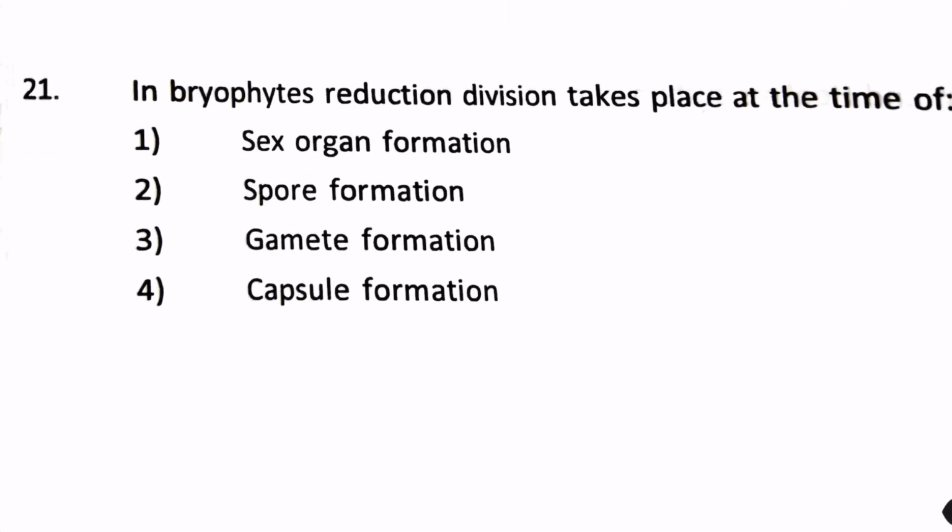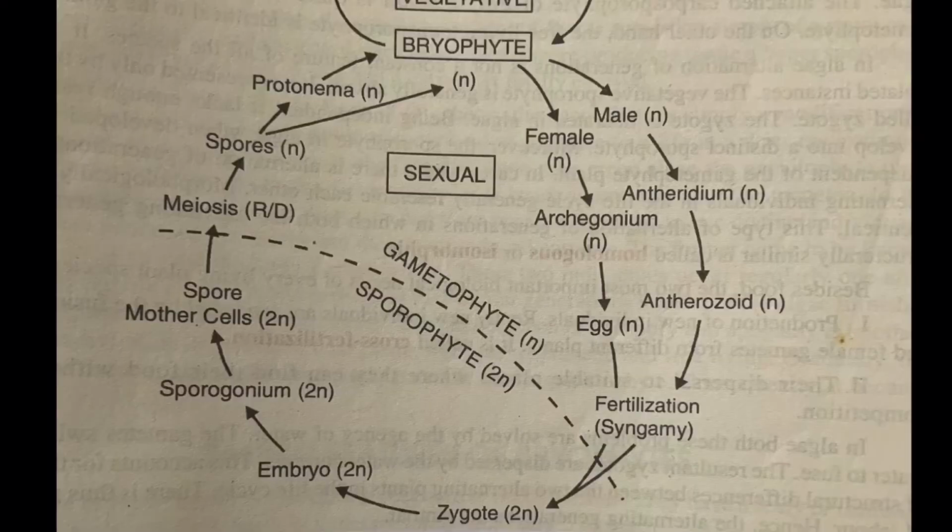Next question, in bryophytes, reduction division takes place at the time of. Is it sex organ formation? Is it spore formation? Gamete formation? Capsule formation? Here we will take the reference. Here we see a picture of the sexual life cycle of a bryophyte, and we can notice the vegetative phase and the sexual phase. The sexual phase is divided into gametophytic and sporophytic phase.